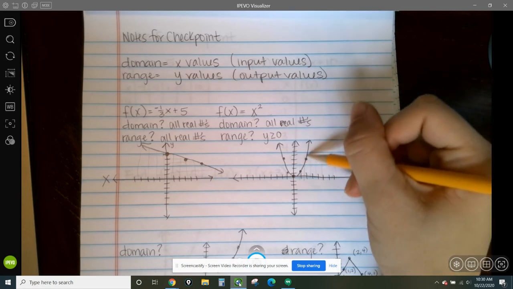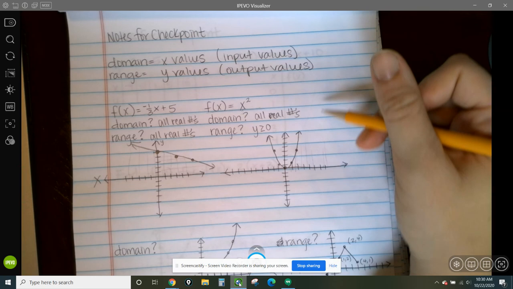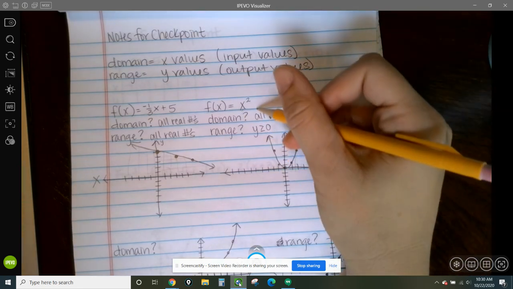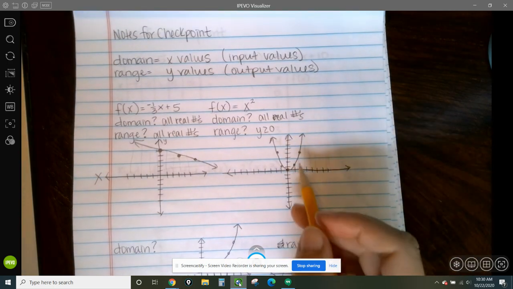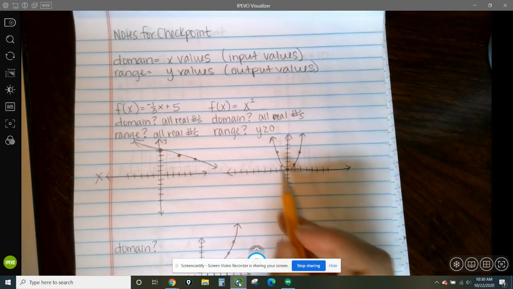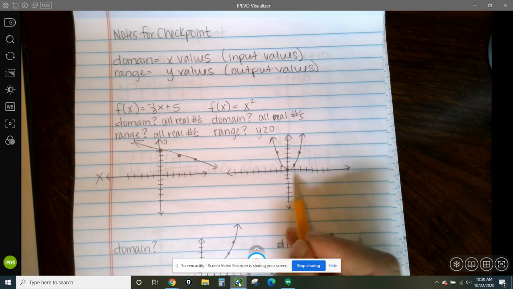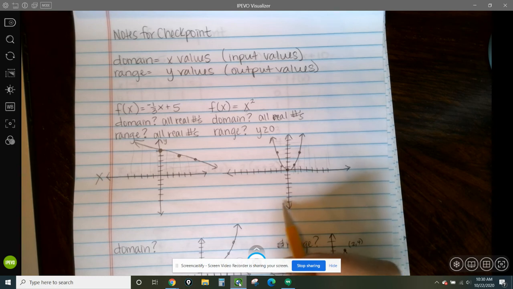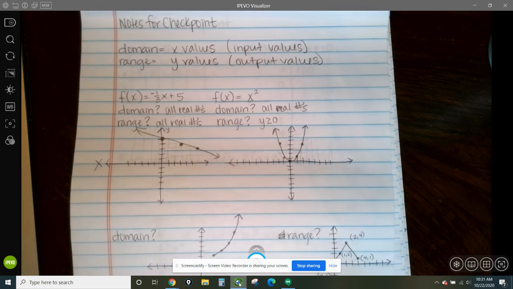We can't see them right now because this graph isn't getting tall enough. But I can put those in there as well because this just goes on and on and on. And eventually it would get to these numbers over here. But for my range, my y values, the only y values that are going to come out are these positive numbers. I'm never going to have something down here on this graph because I'm squaring it. So that's what the range would be for that problem.